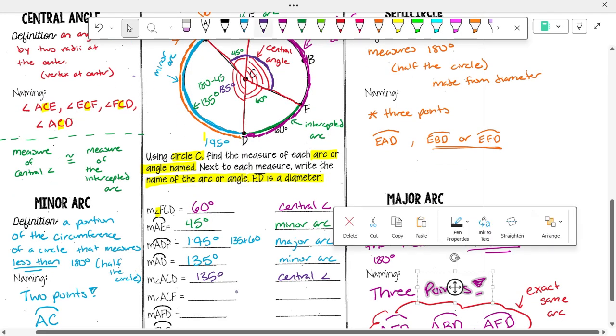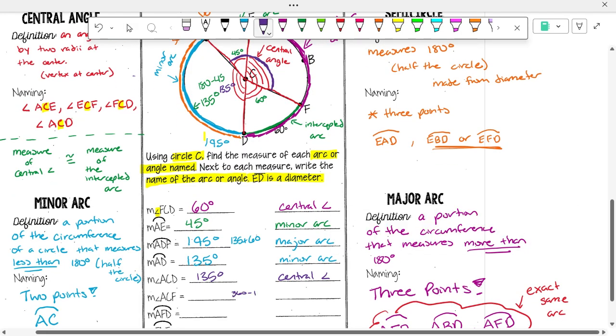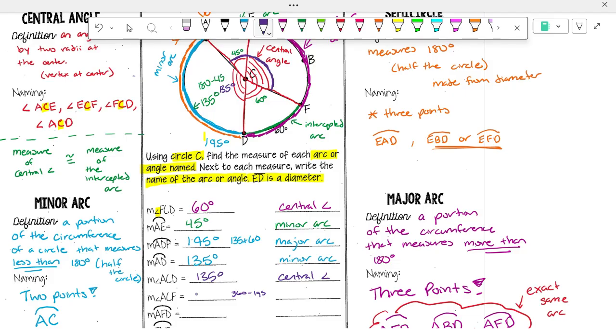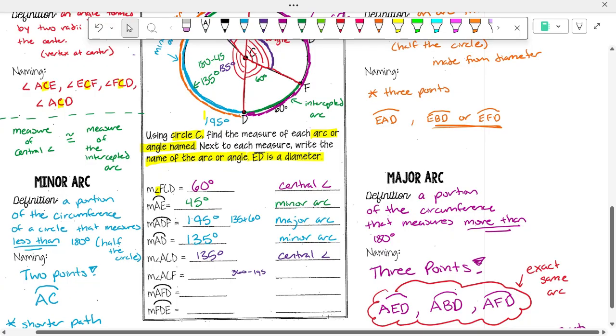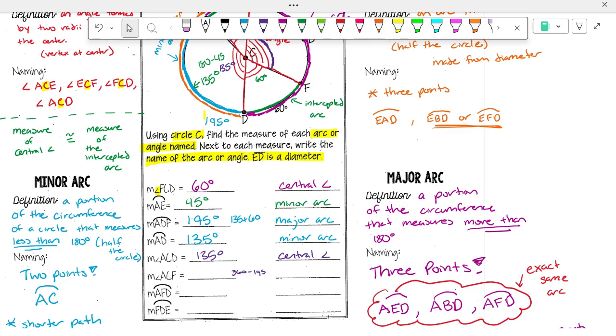So I would do 360 minus 195, which would equal what? You guys got a calculator, right? 360 minus 195? I'm going to guess 165.